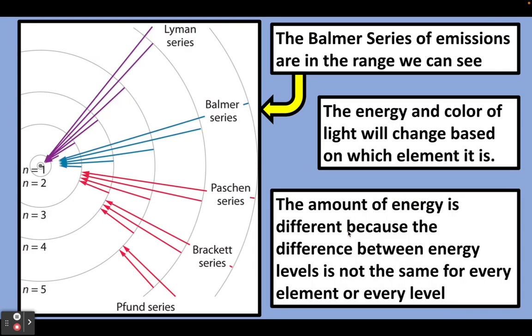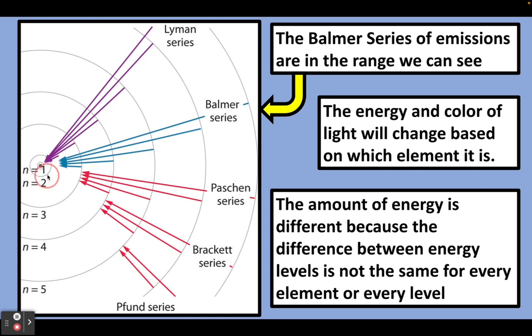So here we have different series of light, and the electron can jump from any level to any level, right? This small inner circle around the nucleus is your n equals 1, so that's energy level number 1.